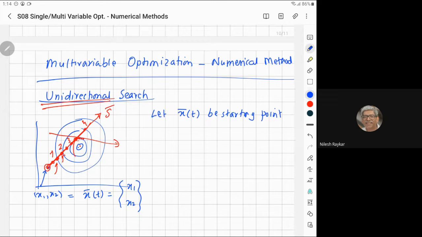If it is multiple dimensions, then you get multiple direction vectors. And S bar will be another vector you will require. So one is the starting point and another is the direction in which we are searching. These are the two vectors we will require.